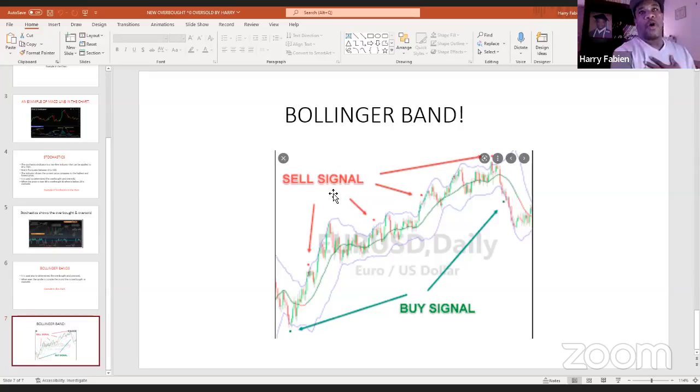Remember, I told you what overbought means. Whenever the stock market is overbought, if you have bought, you just sell. We call that here the sell signal.